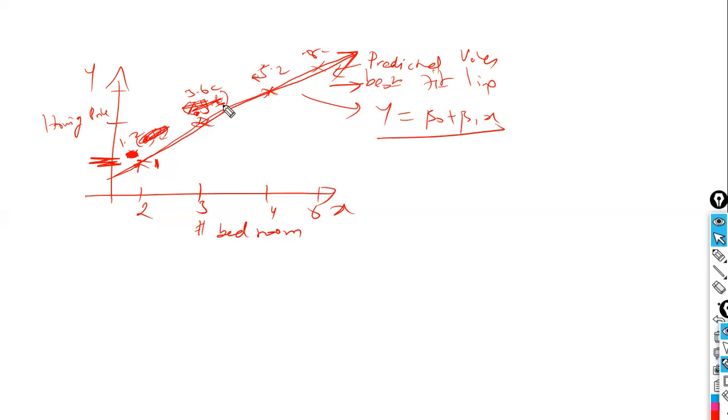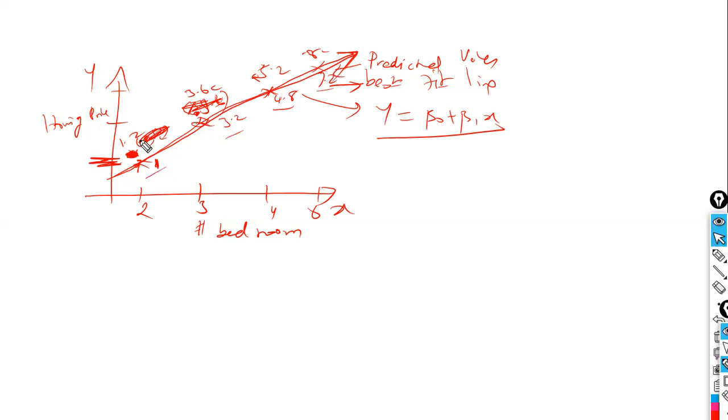For the 3-bedroom, the actual is 3.6 crore. Let's assume that my model predicted 3.2 crore, and here it predicted 4.8, and here 7.2 crore. So 7.2, 4.8, 3.2, 1.